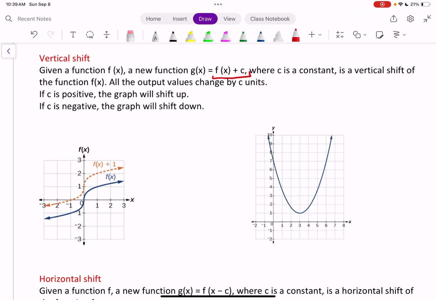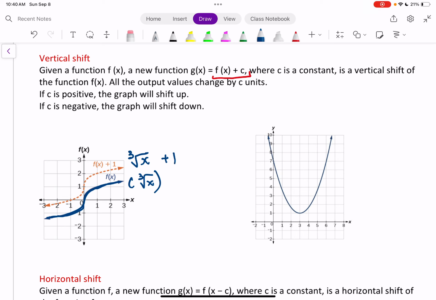Here is a function f of x, which, if you look back at your notes in 1.3, very much looks like the cube root function. So what would the graph of the cube root of x plus 1 look like? You add 1 to the function. It's really easy.